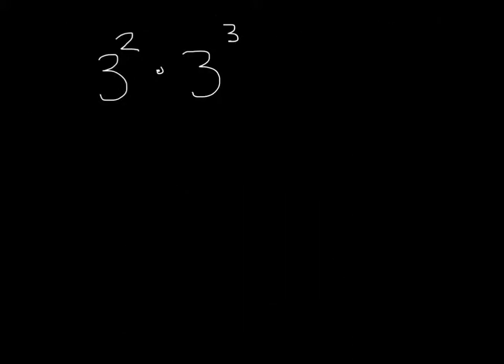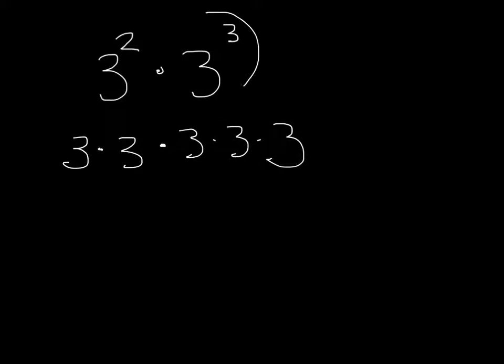Well, let me clear the board and put our problem right up at the top here, and let's work through it. And let's first expand it like we did with the 3 squared. So 3 squared expanded out is 3 times 3, right? And then we have this multiplication symbol, and now we need to do 3 times 3 times 3 to represent this guy, right?